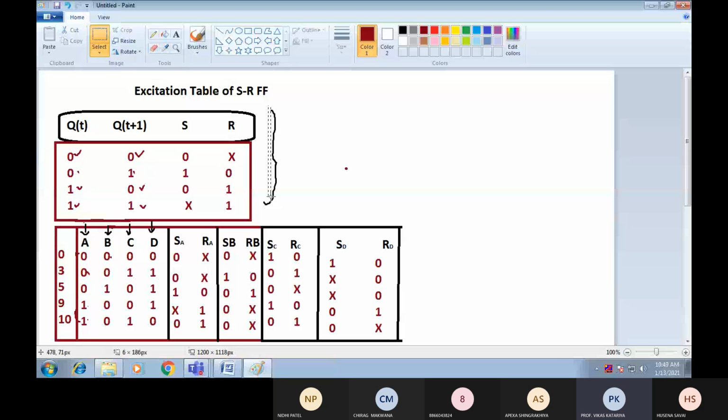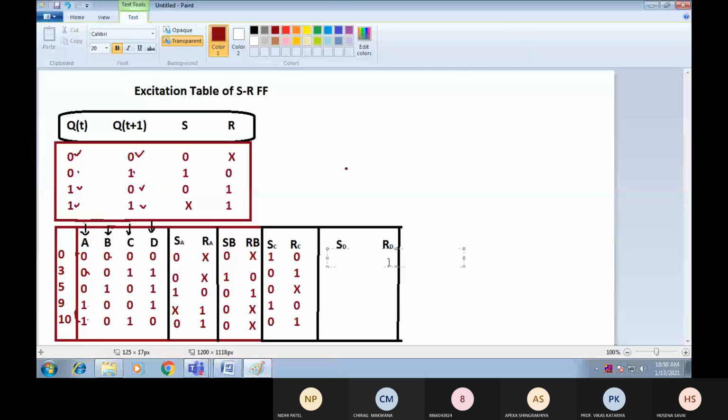Okay, let's prepare properly. So for D values: present state 0, next state 1, that is 1 0. Next one is 1 1. Present state 1, next state 1, that is cross 1.